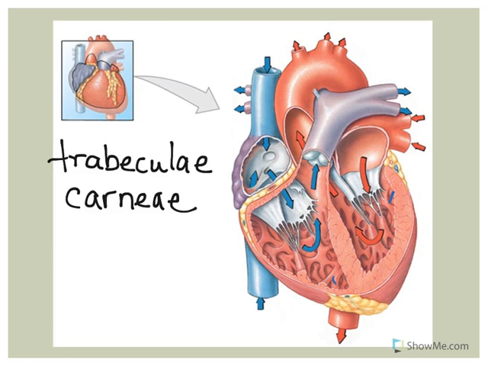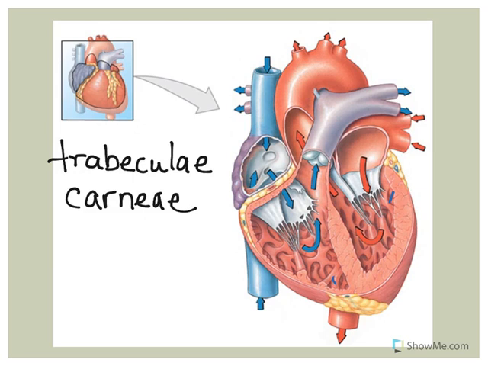Now, another structure that I want to bring to your attention is easier to see if we get a heart from an animal. Any of the models in lab do not show it, so you won't really see this structure in any of the lab models, but you should understand what it does.